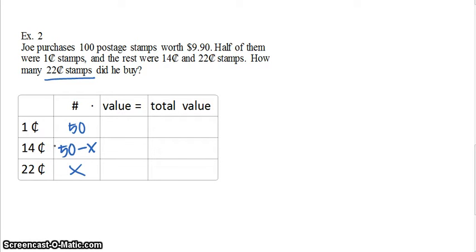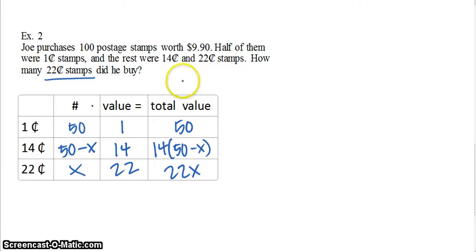Okay, value. Well, these are obvious. It's 1 cent, 14 cents, and 22 cents. Before we used dollars, but this time we're going to use cents. And again, if you want to use the dollars, go for it. Just make sure everything's in the same unit. Now I'm going to multiply. So 50 times 1 is 50. And I'm going to have 14 times 50 minus X. And then I'm going to have 22X. And I know that my total value has to equal $9.90.